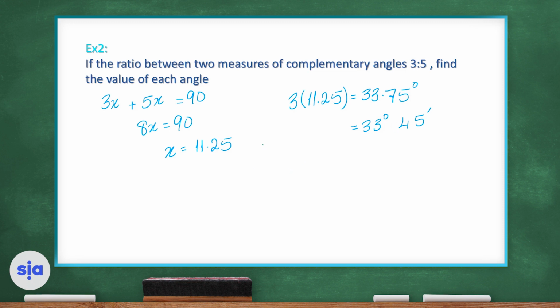The second angle is 5 times 11.25, that is 56.25 degrees. If you want to write it in degrees, minutes, and seconds, it will be 56 degrees and 15 minutes.